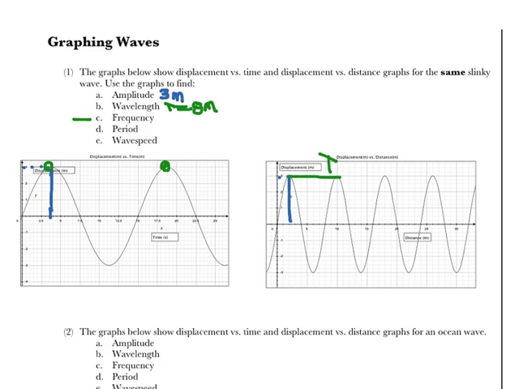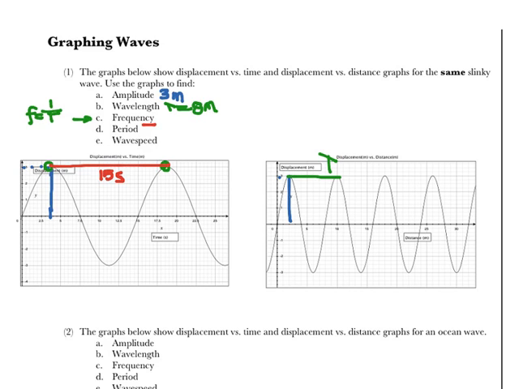Frequency, we're going to need to use this equation, frequency equals 1 over period, to find the frequency. You can't just read it off the graph, but you can read period off of a distance time graph. This length in time is going to be our period, and it looks like about 15 seconds.